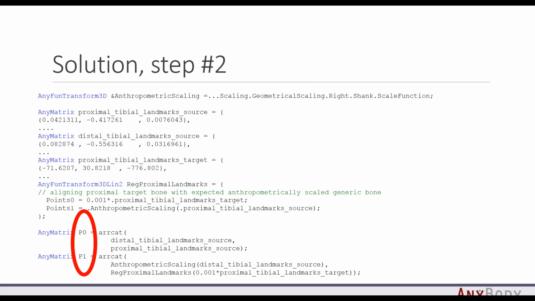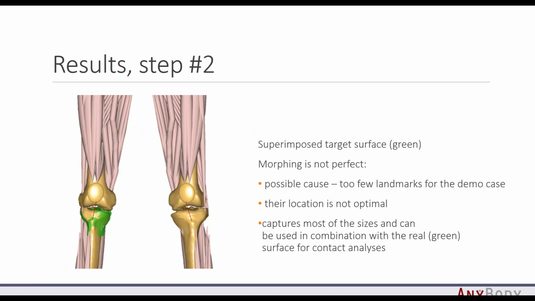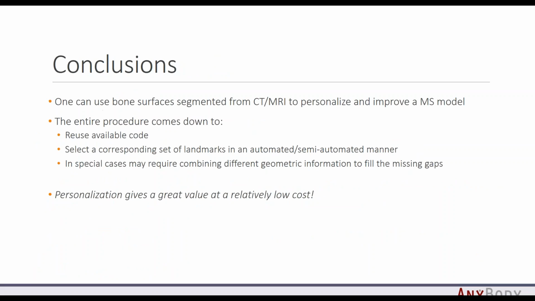And in the second part, we also just constructed two sets of landmarks that we fed back into the pipeline of transformations, and that gave us an individualized model again. And as the last part, we created a slightly different scaling function that also used some optimization factors in it.